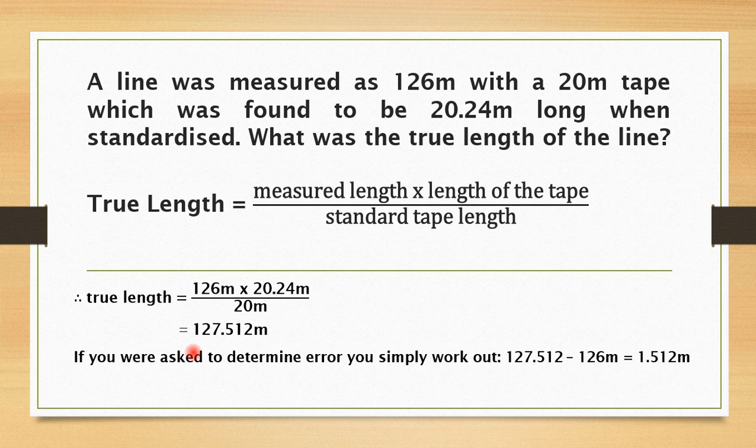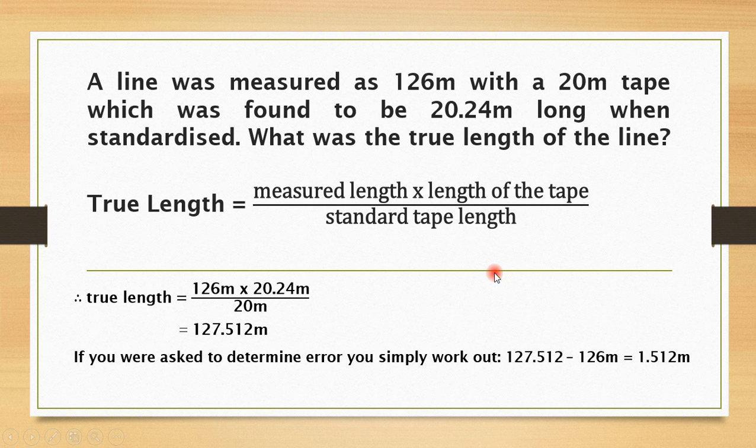If you have been asked to determine the error, you simply find the difference between the true length and the measured length in the field. In this case, you subtract 126 from 127.512 meters. So we've worked out 1.512 meters as the error realized from 126 meters from our traverse exercise.